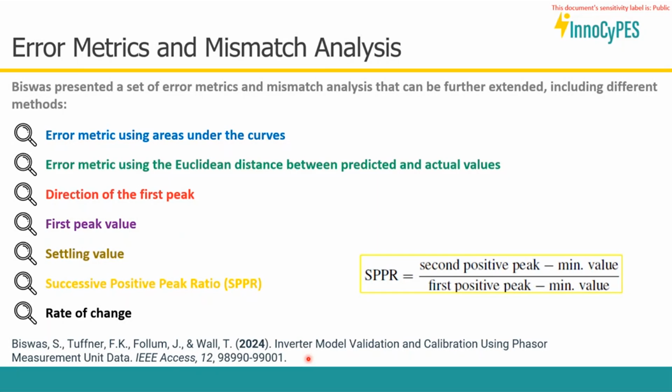Another way of checking the error between the result that you got and the reference is the direction of the first peak value compared to the settling value, the successive positive peak ratio, and the rate of change of the dynamic response, and so on.